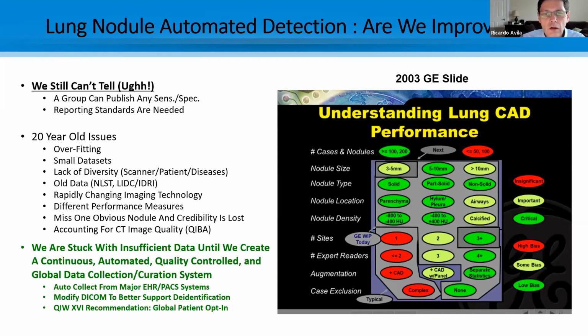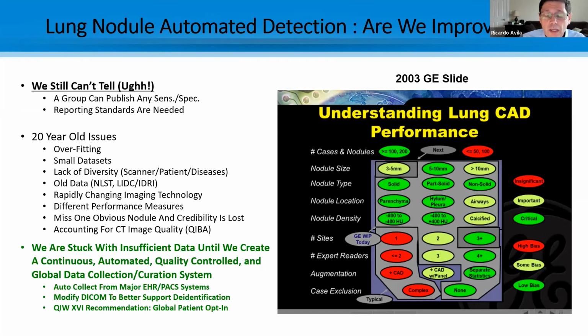Even if they get large numbers, they're usually 10, 20 years old, 15-year-old data sets. So we're stuck with insufficient data until we create a continuous, automated, quality controlled, and I would say global, but it could be national, data collection and creation system.